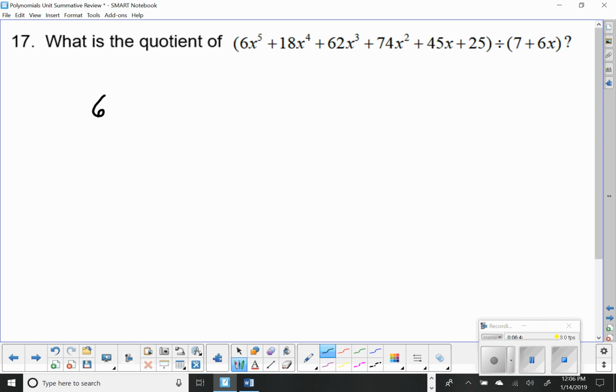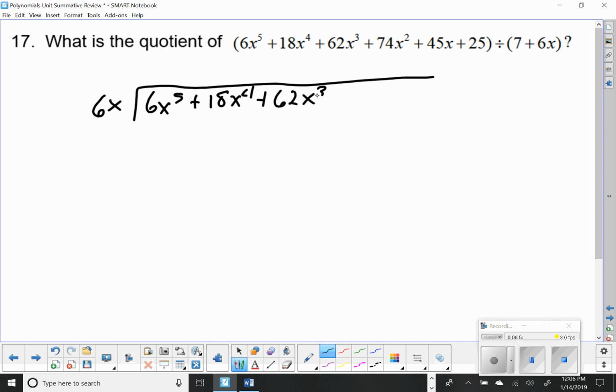So 6x plus 7 divided into 6x to the 5th plus 18x to the 4th plus 2x cubed plus 74x squared plus 45x plus 25. Woo! Long one.